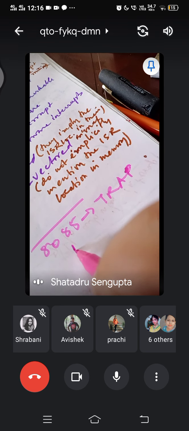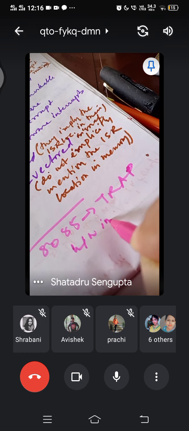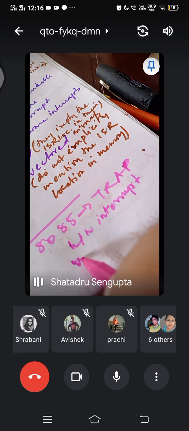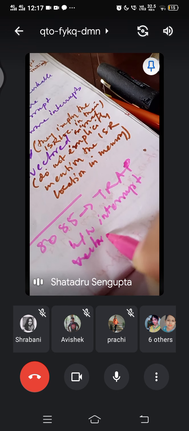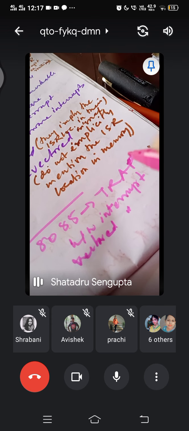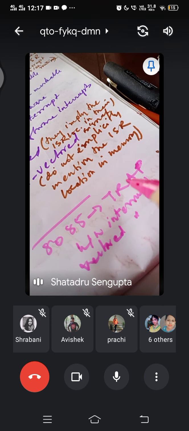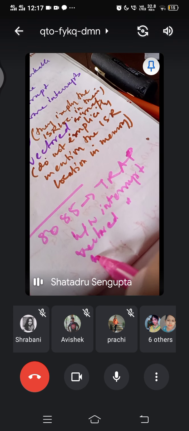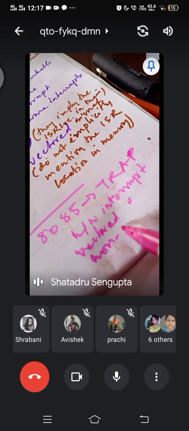This is a hardware interrupt. It's a vectored interrupt. It carries with it the location of the interrupt service routine that's going to be serving it, and it is a non-maskable one. It's a priority one interrupt.